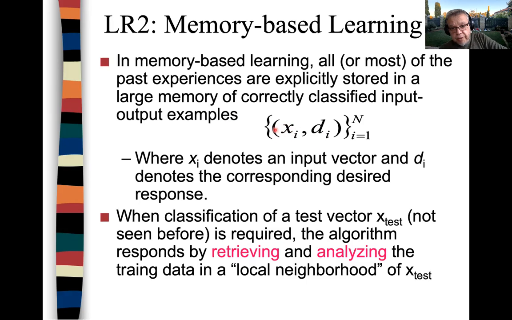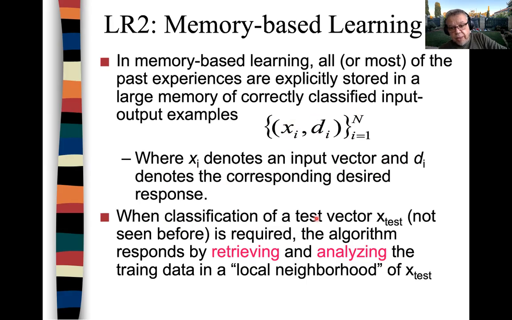So you have a set of pairs, XI and DI, n of them. XI denotes an input vector, which is, for example, a feature vector, and DI denotes the corresponding desired response, which is, for example, the country.